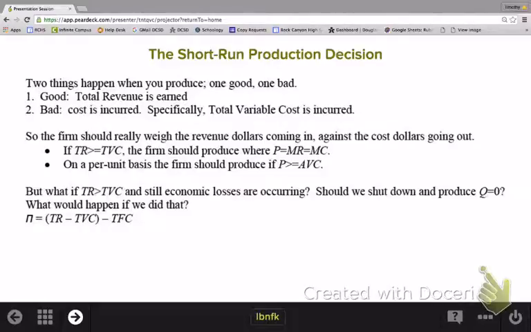But what if total revenue is greater than total variable cost and still economic losses are occurring? Should we shut down and produce a quantity of 0? What would happen if we did that? Well, profit would equal total revenue minus total variable cost minus our total fixed cost that we have to pay anyway.